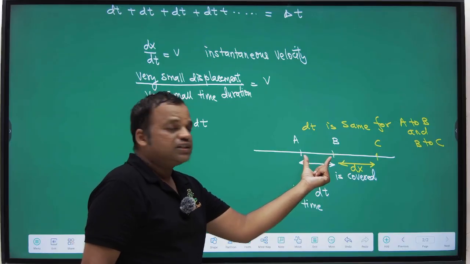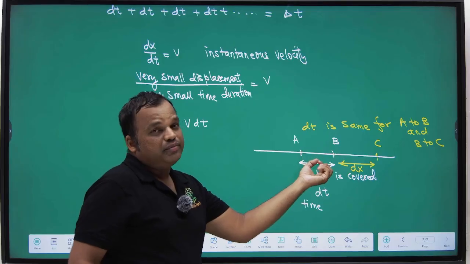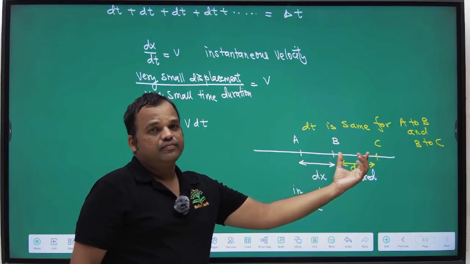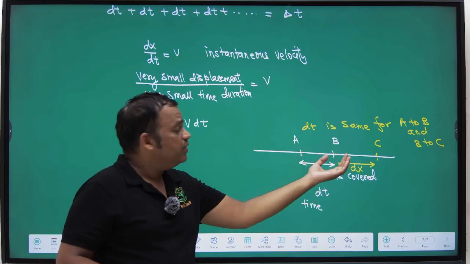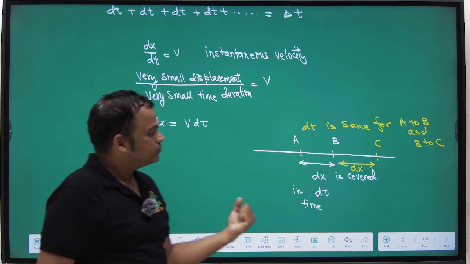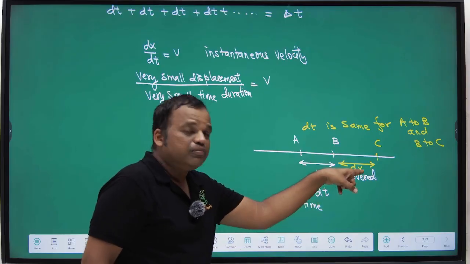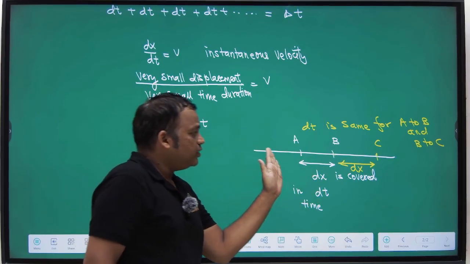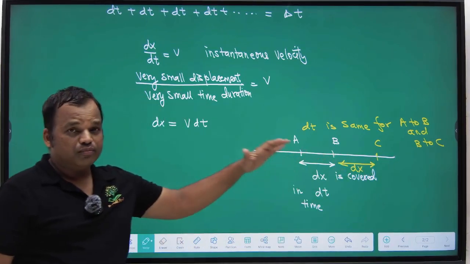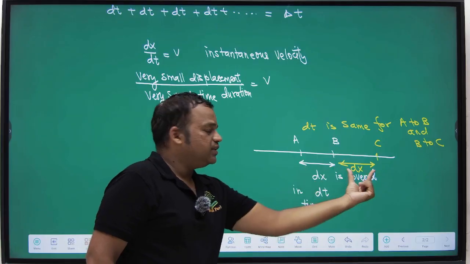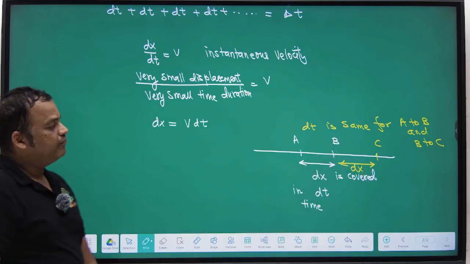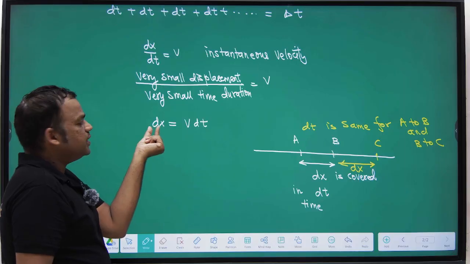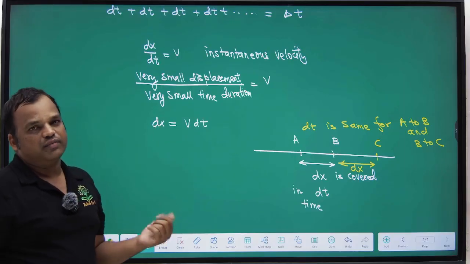Maybe it is 1 meter per second from A to B, and 1.1 meter per second from B to C, or maybe 0.99 meter per second from B to C. So the next dx can be more or less than the previous dx. If velocity is constant, that is uniform motion, then the two dx will be equal. Depending on the instantaneous velocity, dx may be the same or different.